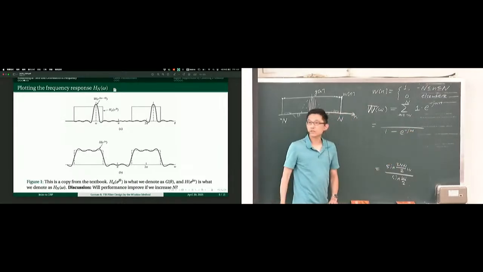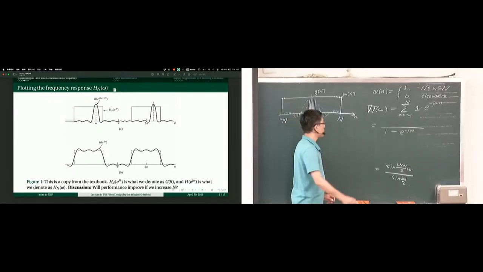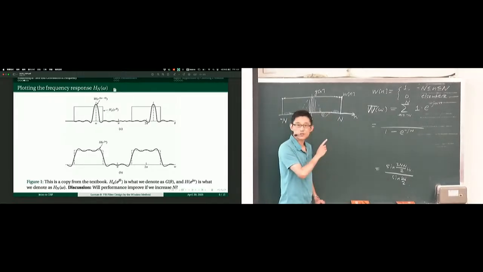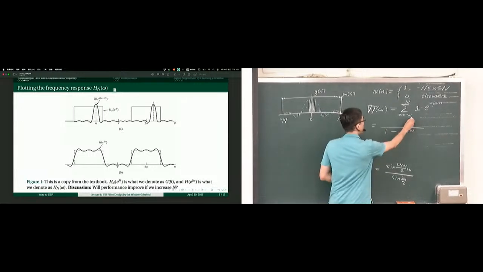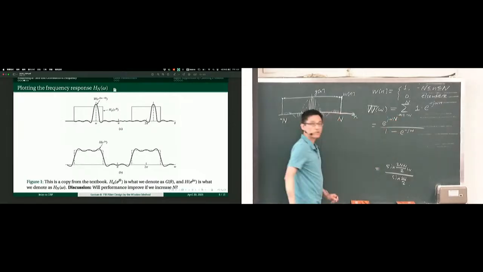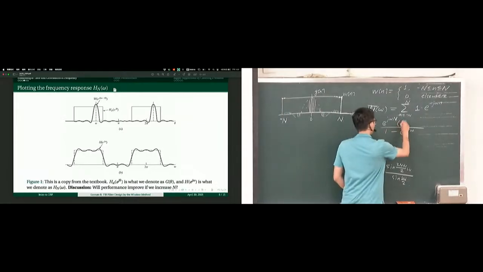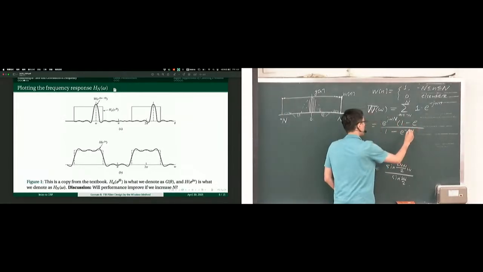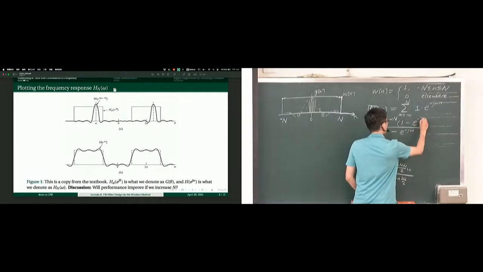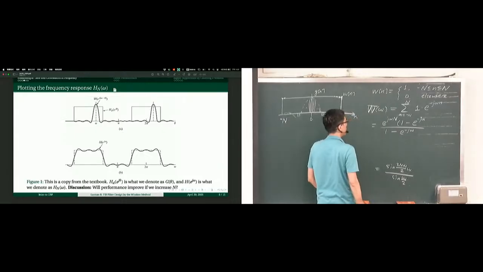What's the first term? The first term is e to the j omega N. Times 1 minus e to the minus j omega to the power of the number of terms. How many terms in total do we have? 2N plus 1, yeah.